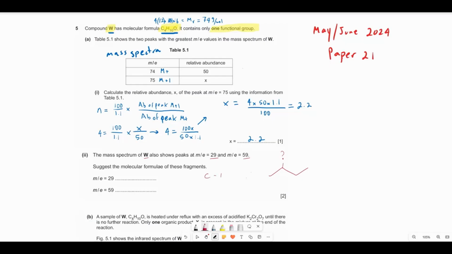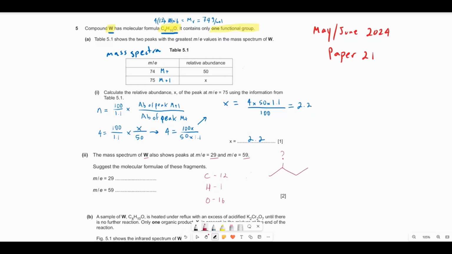We know carbon has a molar mass of 12, hydrogen has a molar mass of 1, and oxygen has a molar mass of 16. So we'll start there. This is where we should always start our musings: what combination of these elements could give us these particular peaks.